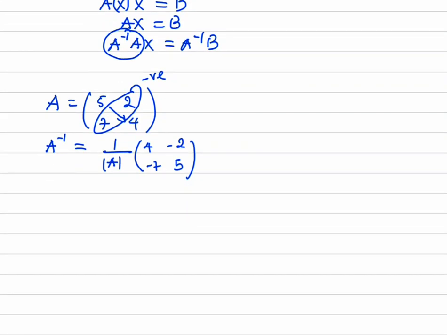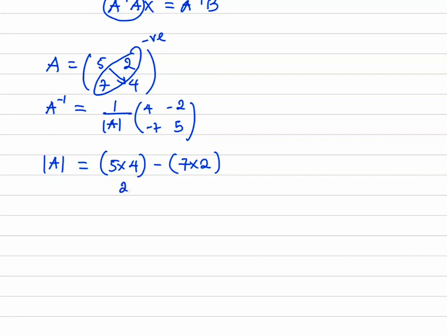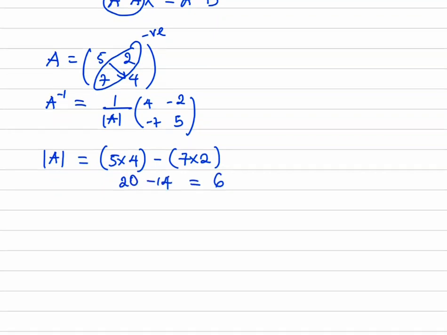Now, what I need to find is the determinant of A. The determinant of A will be the right diagonal, which is 5 times 4, minus the left diagonal, which is 7 times 2. Now, this is 20 minus 14, and the answer is 6.